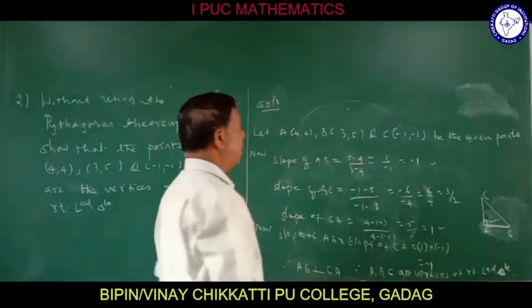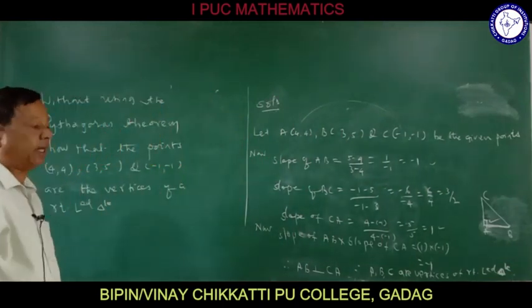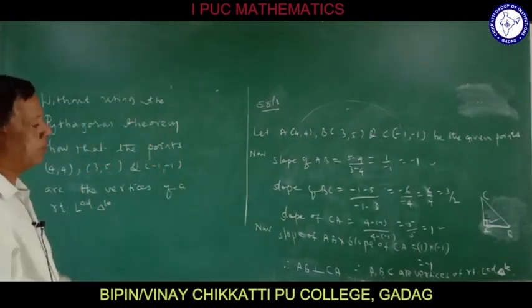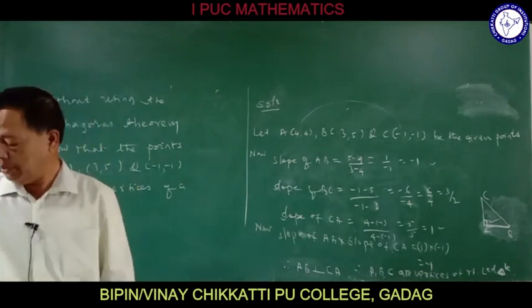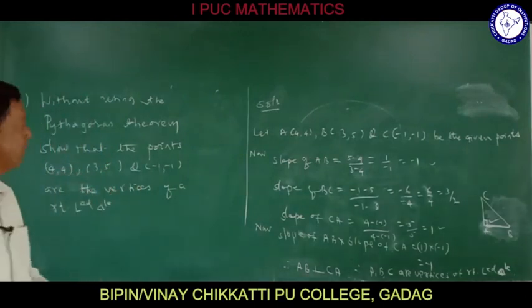So this is the way we have proved that the given points are vertices of a right angle triangle.